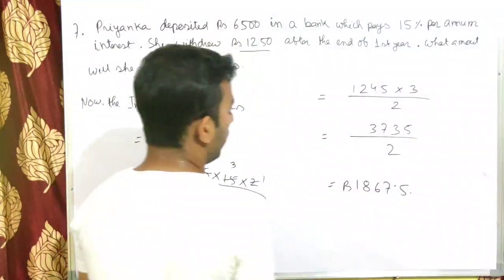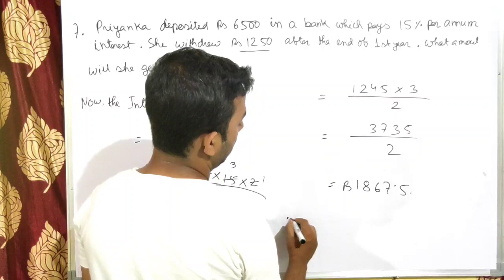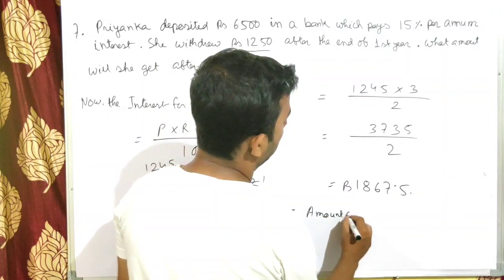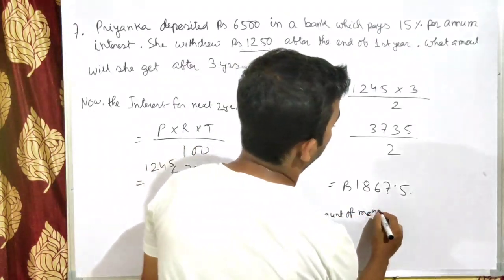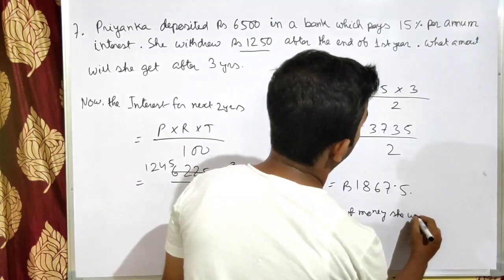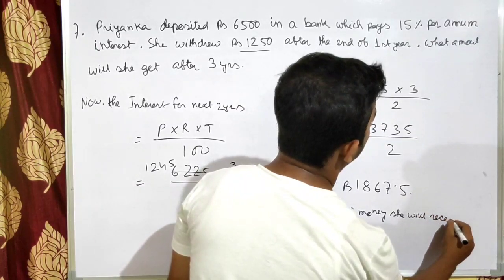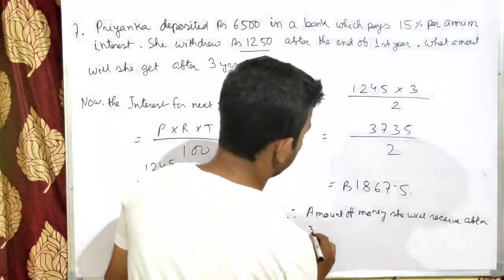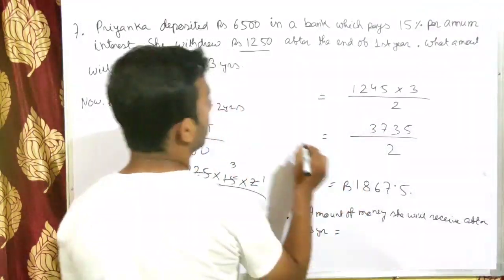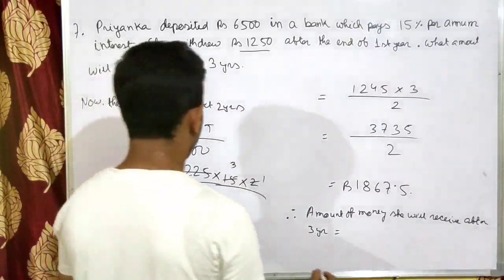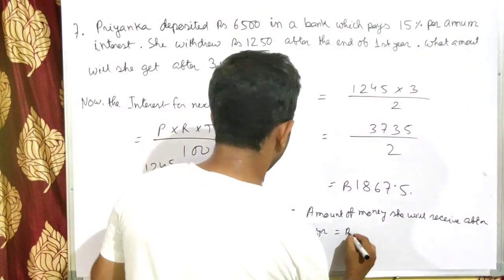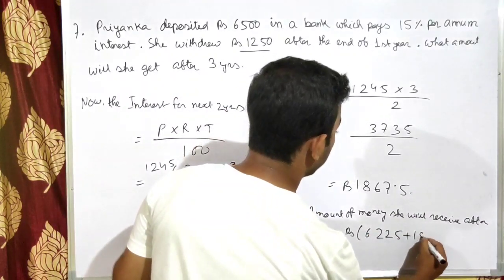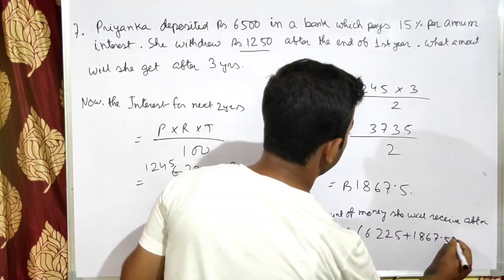So we'll write, therefore, the amount of money she will receive after 3 years equals this 6225 plus 1867.5.